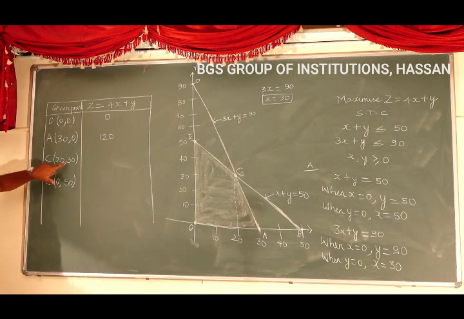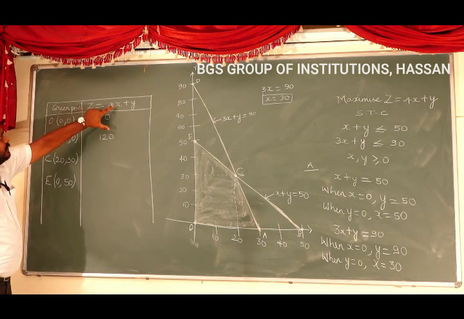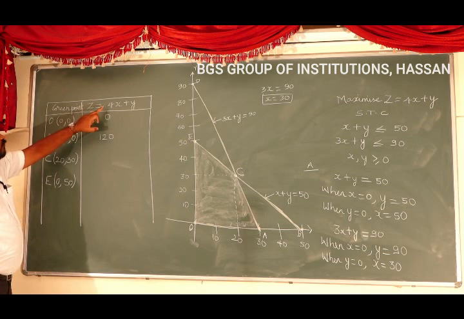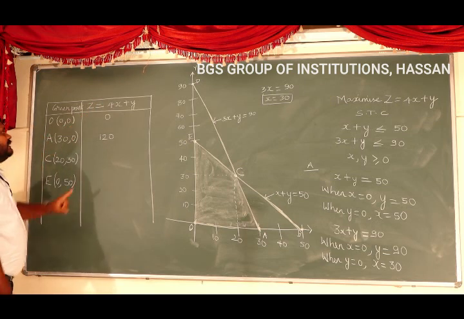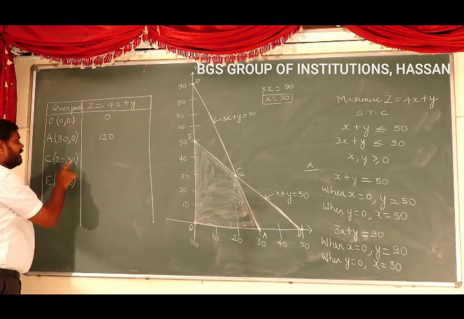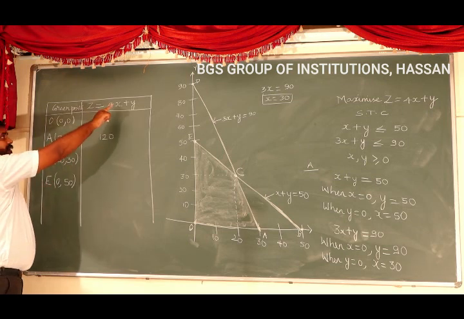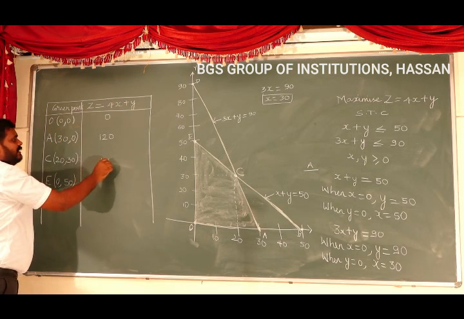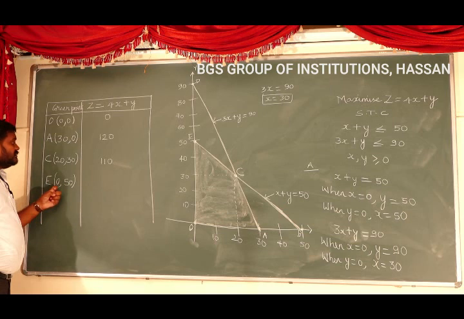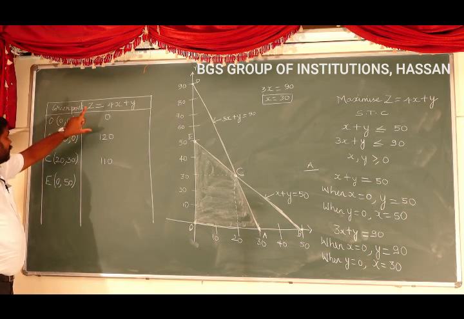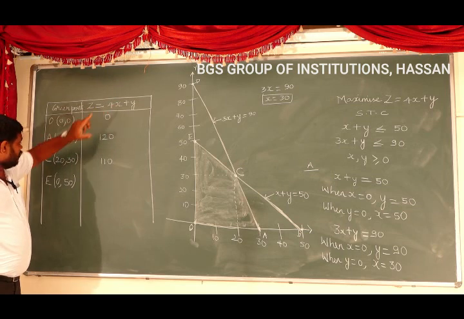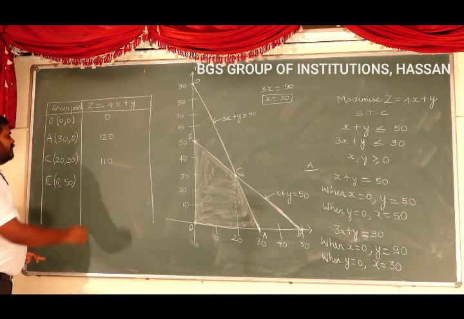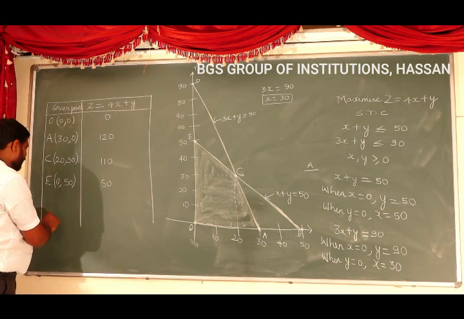Now, if I substitute 20, 30, 4 into 20 becomes 80, plus y value 30, so 80 plus 30 is 110. Now, if I take 0, 50, then it will become 4 into 0 is 0 and y is 50, so it will be 50 itself.